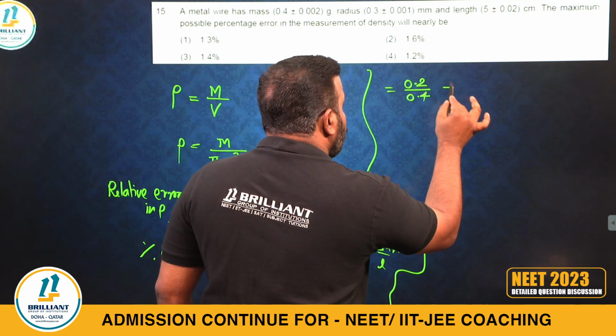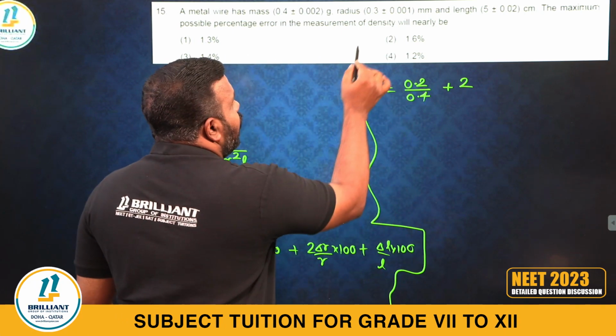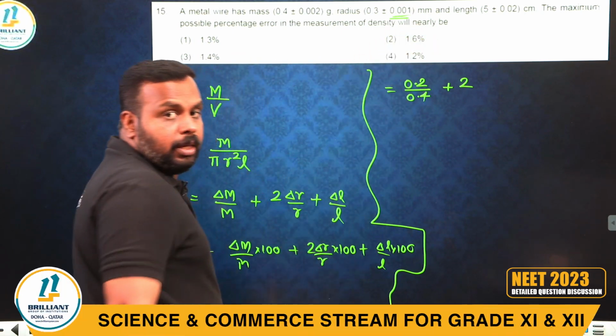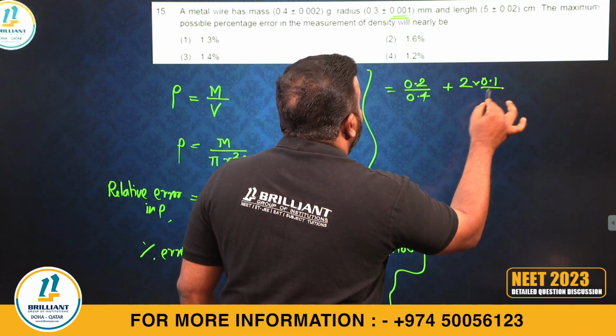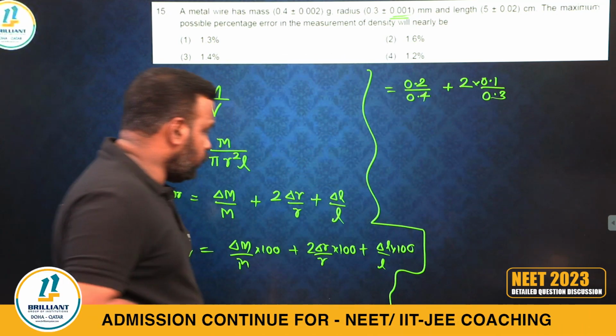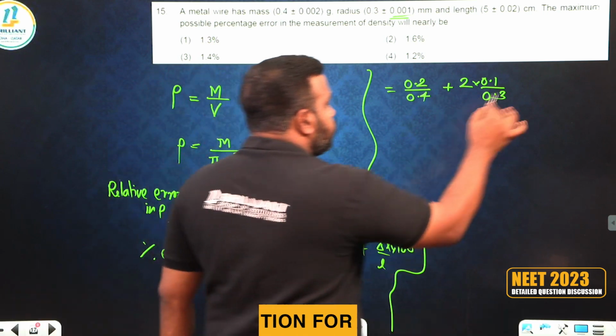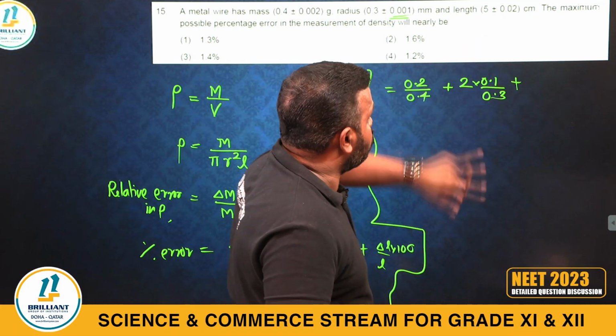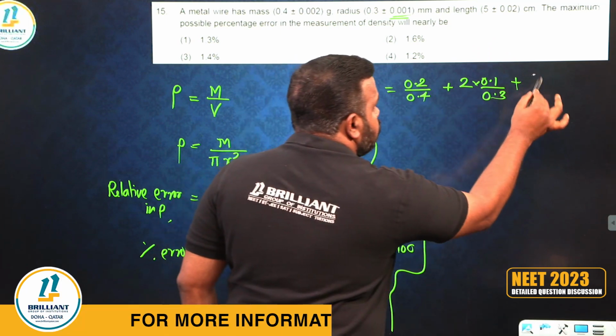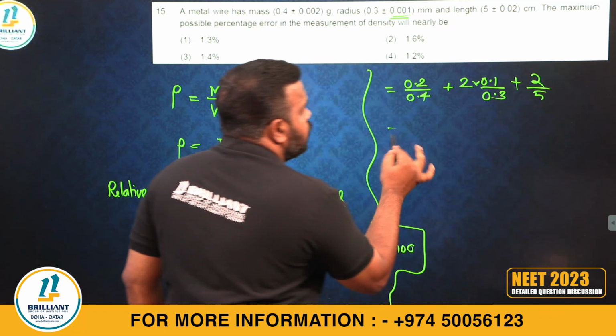Plus 2 into delta R. Look at delta R, 0.001 into 100 will become 0.1. So 0.1 divided by what? 0.3. Plus delta L by L. Check delta L, 0.02 into 100 will be 2 by 5. You can simplify it.